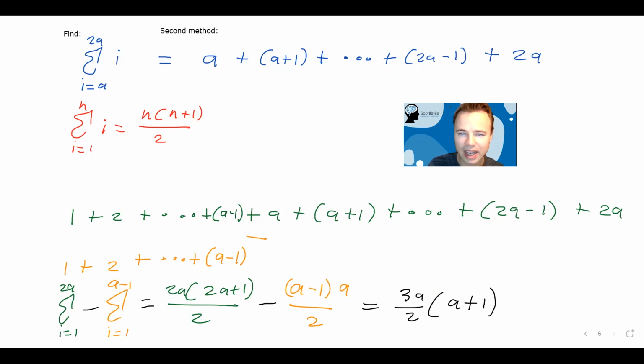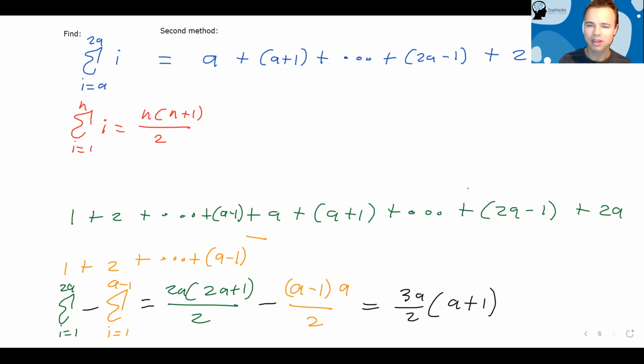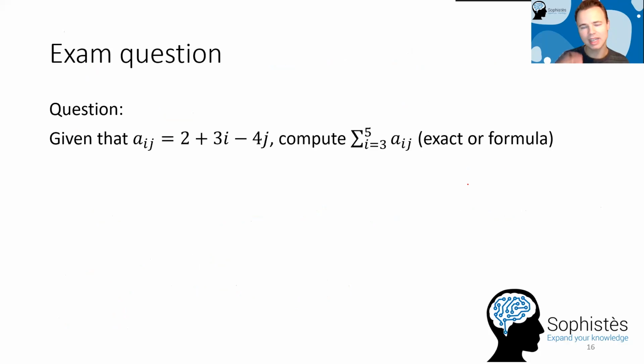I will now show you an exam question that is a bit more on the action level. Let me show you. Try to do this one. This is more like the action level.